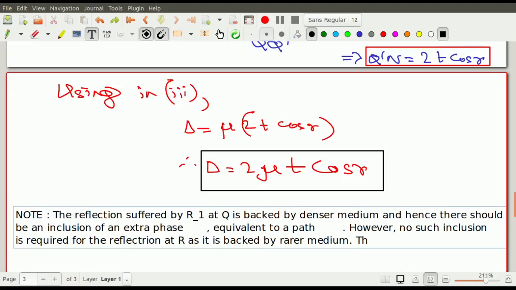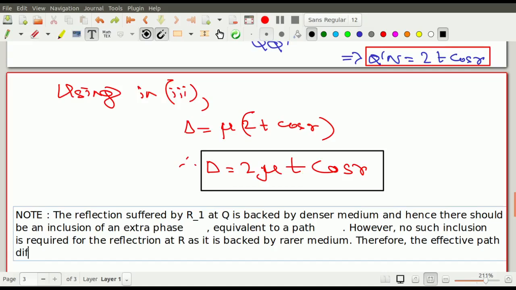Therefore the effective path difference between R1 and R2.